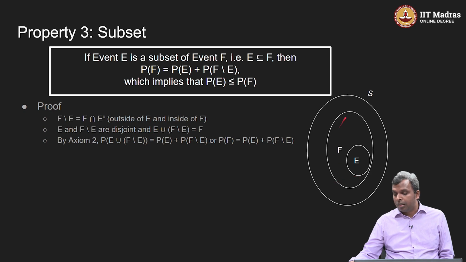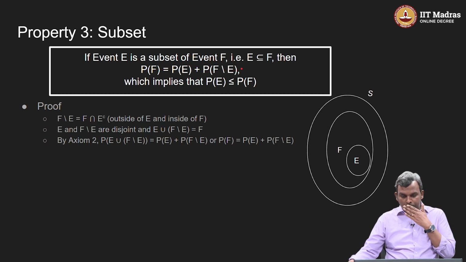The things in F which are not in E. If F is an event and E is an event, F minus E will also be an event. Why? Because it is the same as F intersect E complement. E complement is everything outside of E, and if you take F intersect E complement, you get a valid event. So it's reasonable to assume F minus E is an event, and the probability function will assign probabilities to F, to E, and to F minus E.